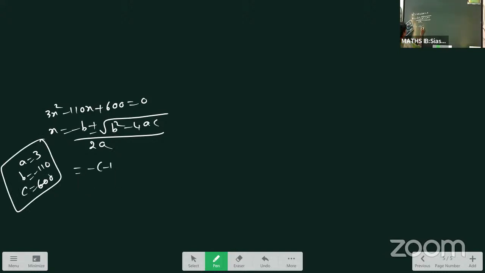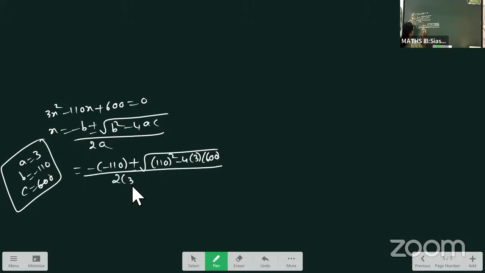So substitute this. Minus of minus 110 plus or minus under root of 110 whole square minus 4 into 3 into 600, by 2 into 3.